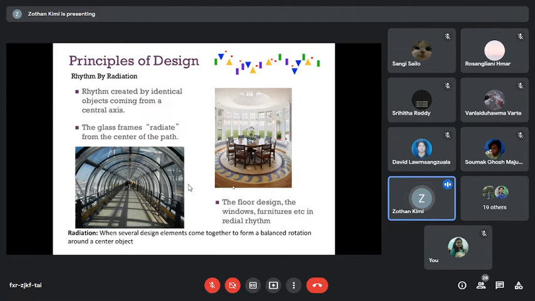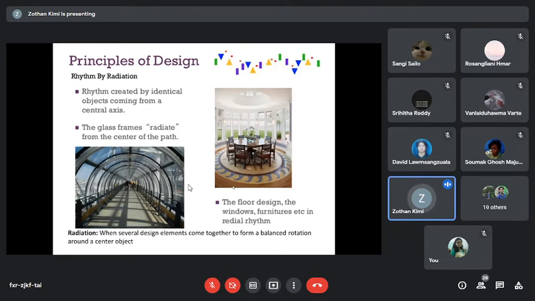So we can say that this is more or less the same as radial symmetry, right? In a way, but radial symmetry is always perfectly symmetrical on all the axes. For example, the glass tube that we see on the left side, in the perspective picture, think about the middle central point, it's coming out gradually.